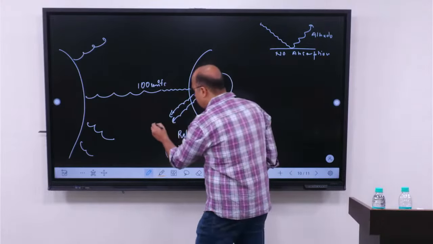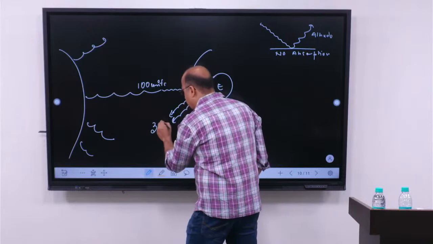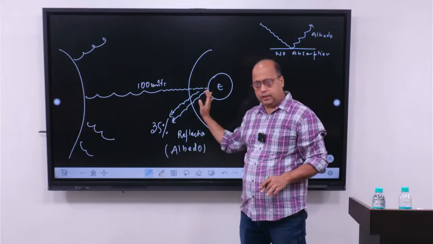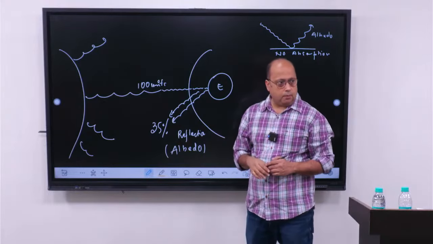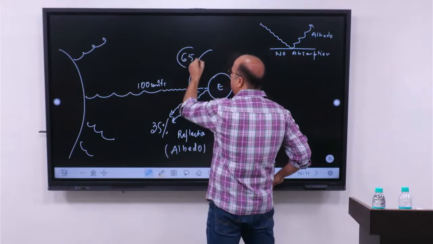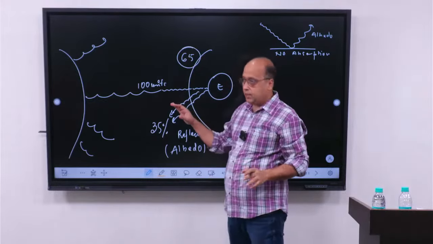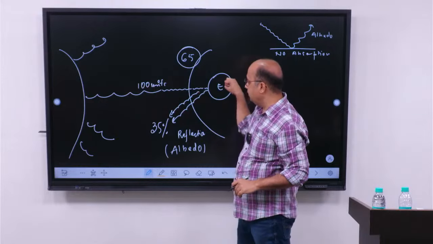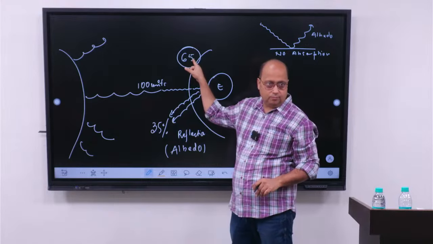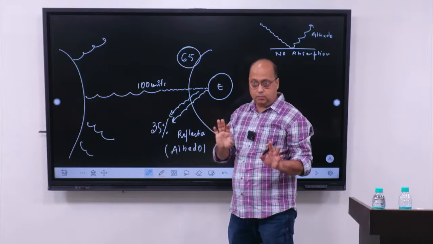Out of this, 35% is going to get reflected. So, what amount is left now? 65. We have 65. So, in a given time, if 100 units are coming, 35 are lost, now the Earth system has to manage 65 only. है ना? तो देखो एल्बिडो का कितना बड़ा रोल है.